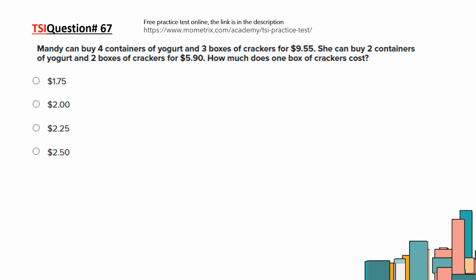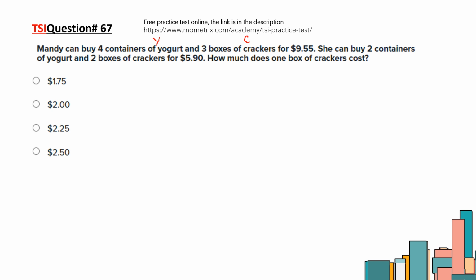For the first sentence, we can write: let Y stand for the cost of 1 container of yogurt, and C is the cost of 1 box of crackers.